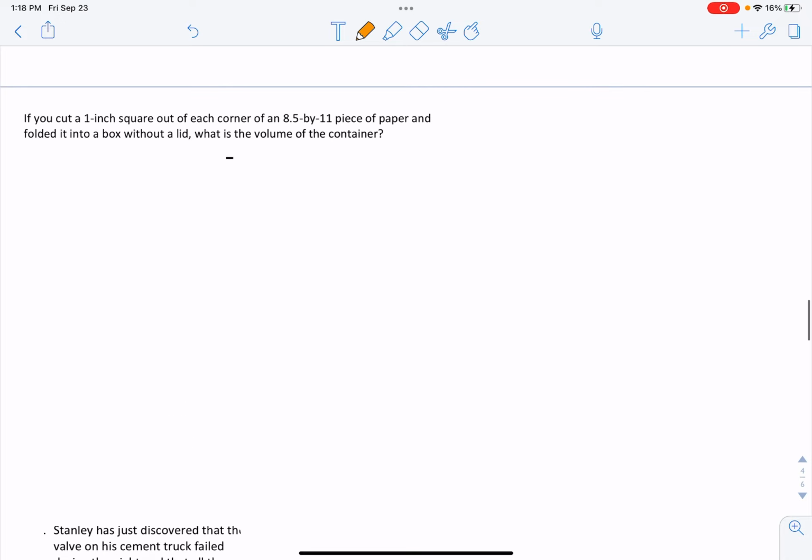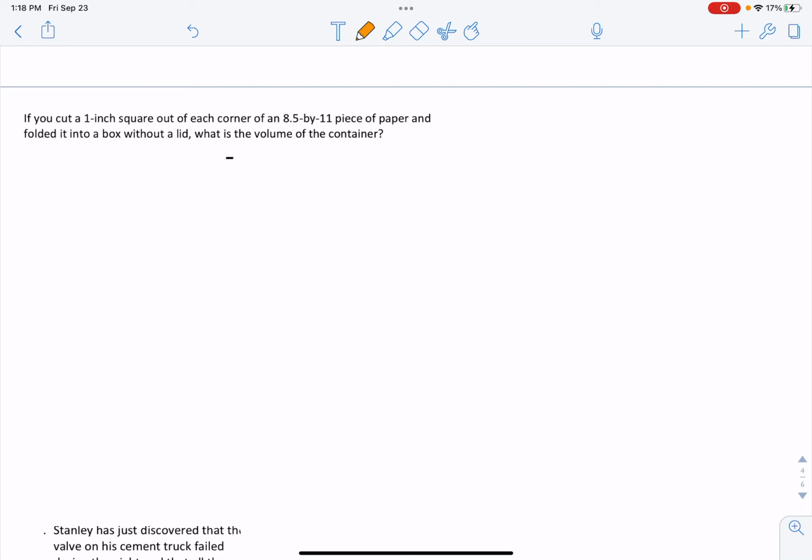Okay, so first, if you cut a 1 inch square out of each corner of an 8.5 by 11 piece of paper and folded it into a box without a lid, what is the volume of the container?